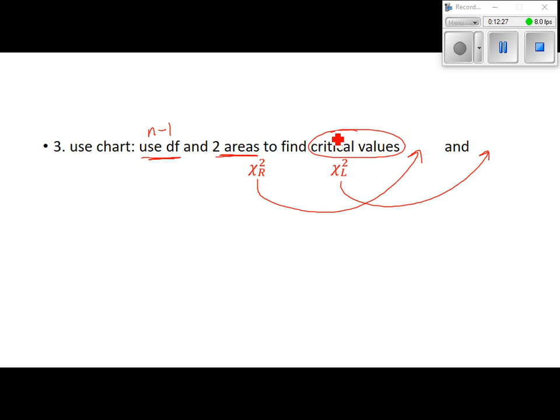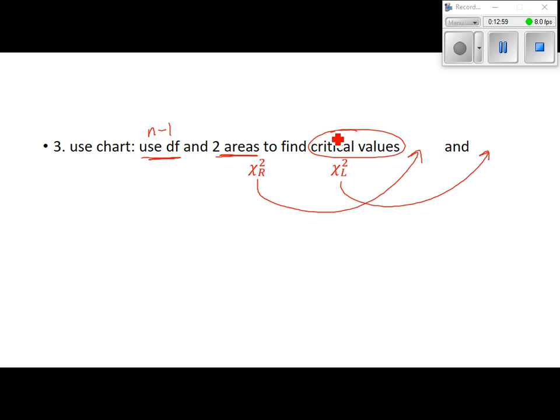If you get out your chart packet, and I've got to find mine. On your chart packet, if we look back, we just got done using the T distribution stuff.